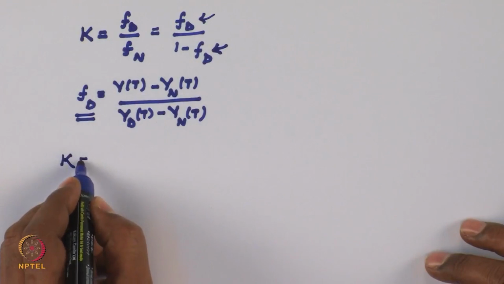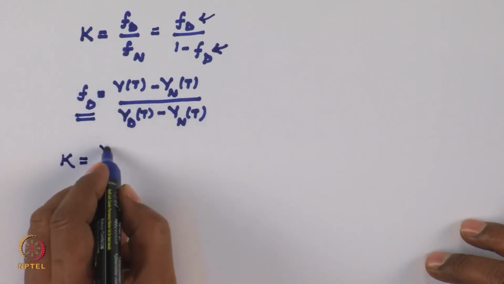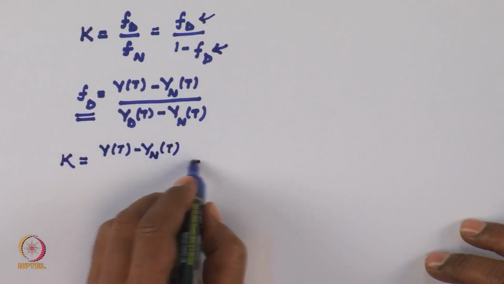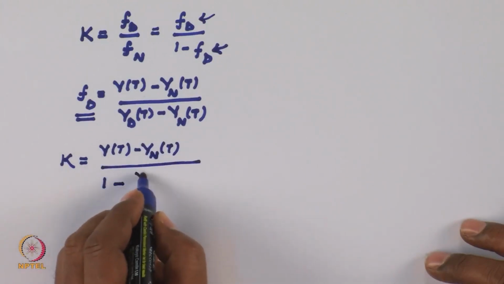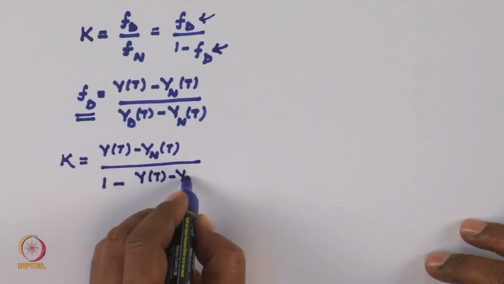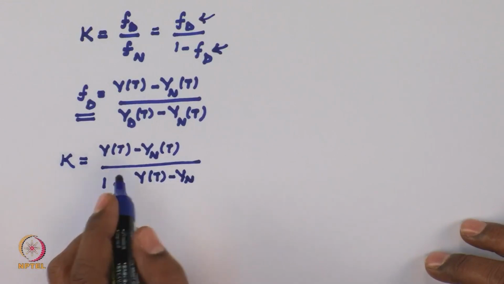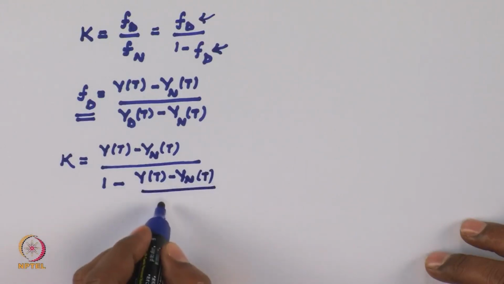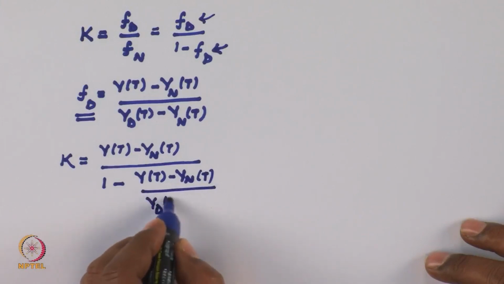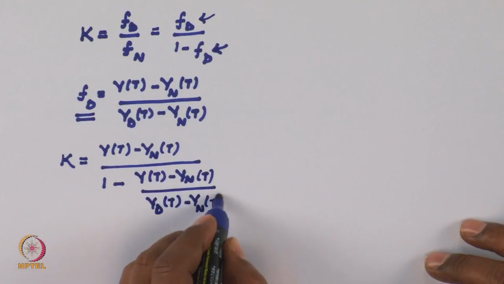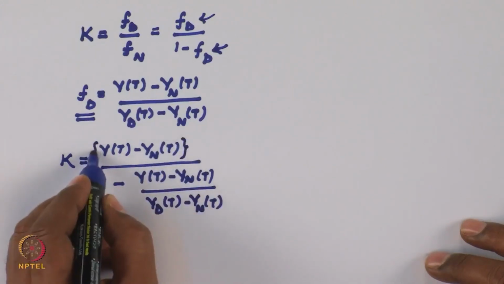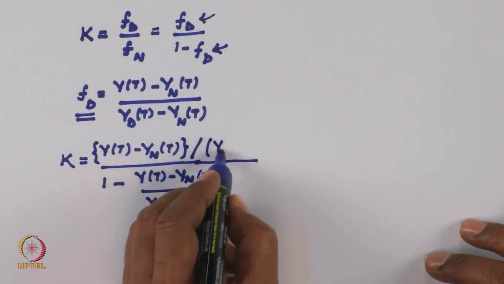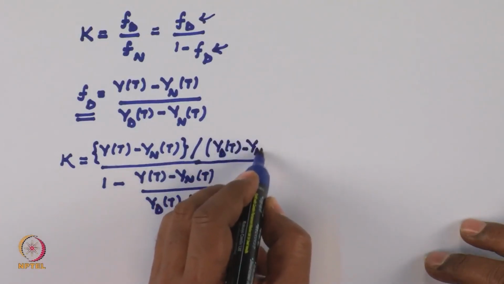K is equal to Fd, which is Y at T minus Yn at T, over 1 minus Y at T minus Yn at T, divided by Yd at T minus Yn at T. So obviously, this also has to be divided by Yd at T minus Yn at T.